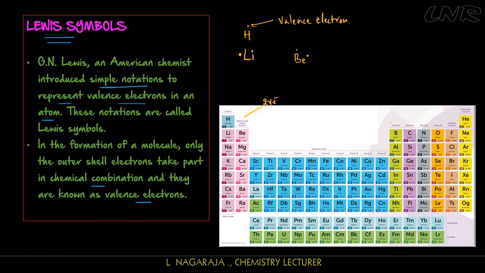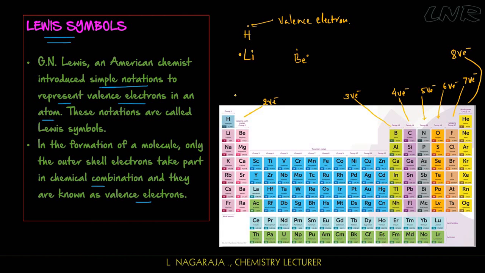Like that, the 13th group elements, that is the boron family, have 3 valence electrons, the carbon family has 4 valence electrons, the nitrogen family has 5 valence electrons, the oxygen family has 6 valence electrons, the halogen family has 7 valence electrons, and the noble gases have 8 valence electrons, right?